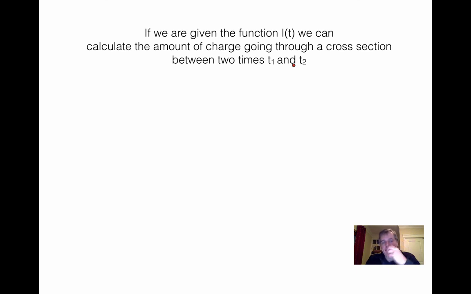Well, you can guess it. If we had q of t, to find the current starting from q, we took a derivative. Now we want to do the opposite. We want to start from the current and get to q of t. So what's the opposite of a derivative? We integrate. We do an antiderivative.